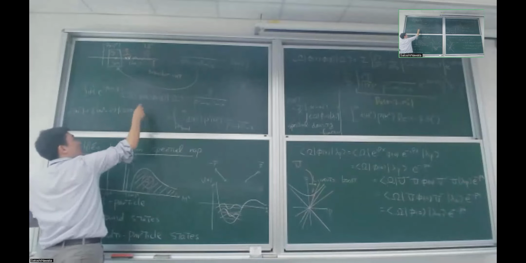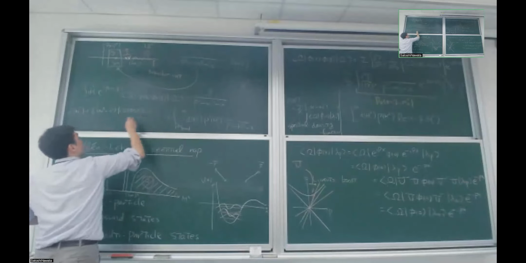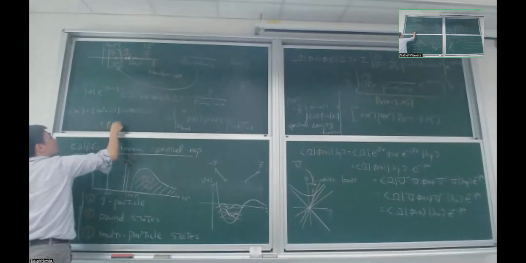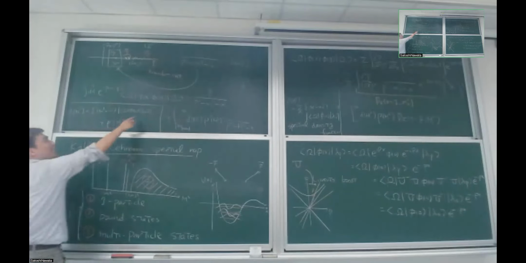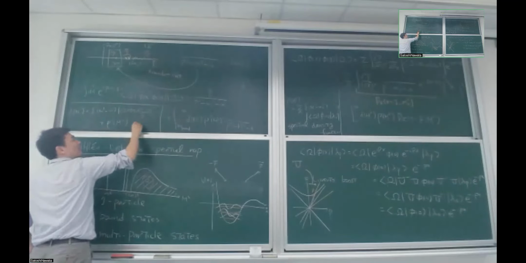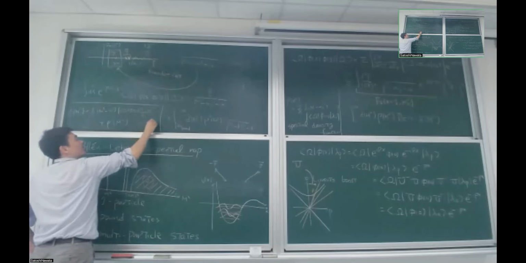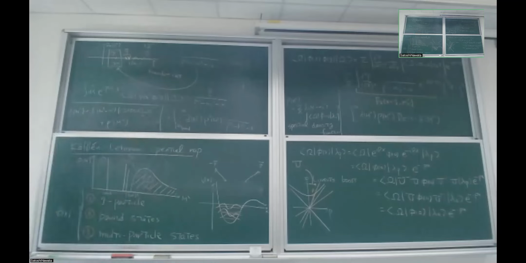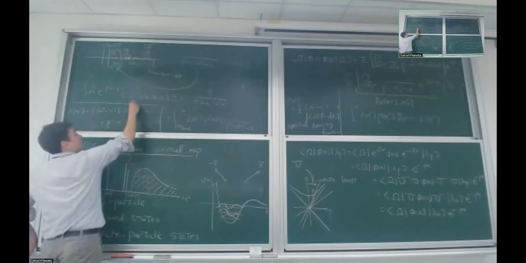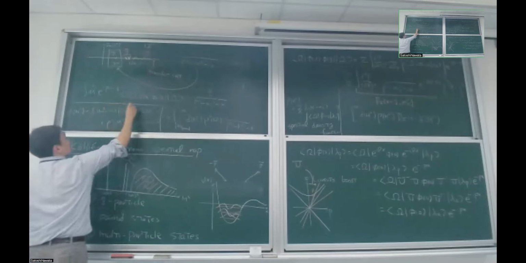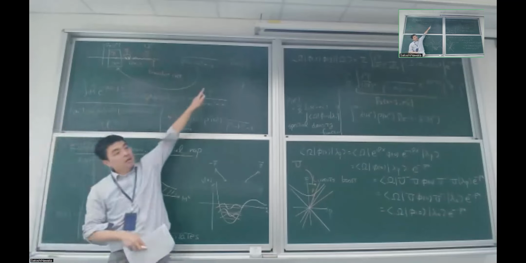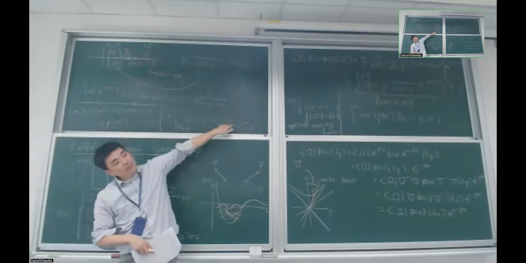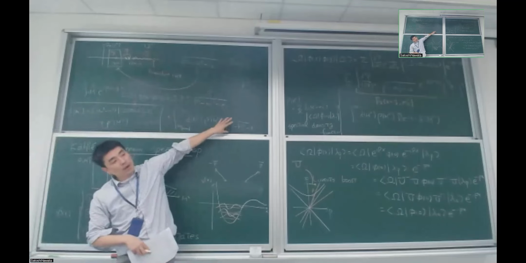This one means one particle, and we call this one Z. And then this two-point function in momentum space takes the usual one particle propagator plus some other bound states or multiparticle states.